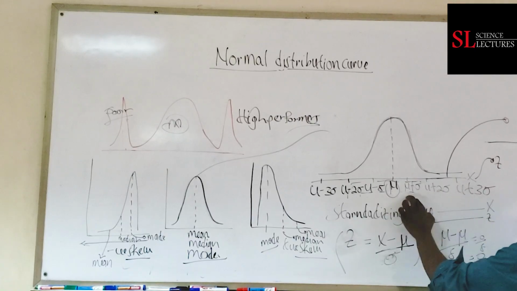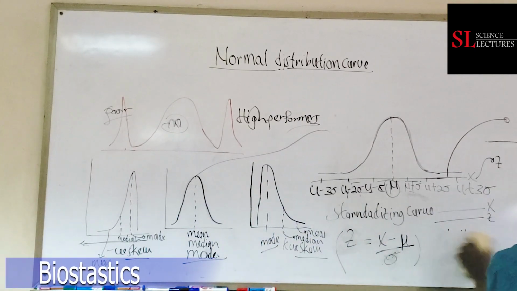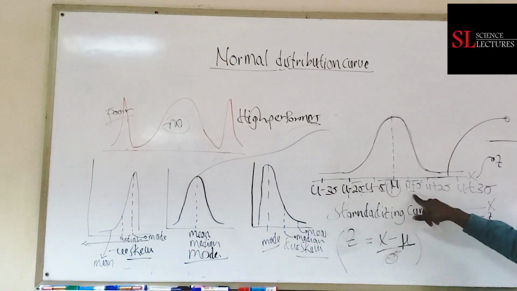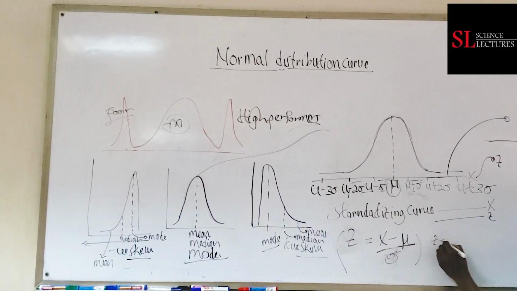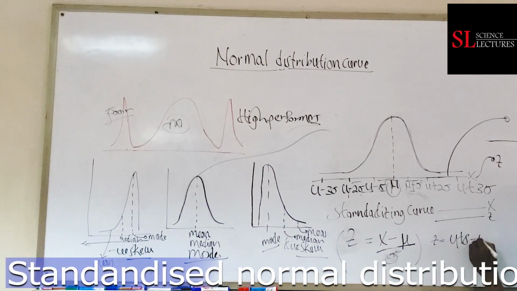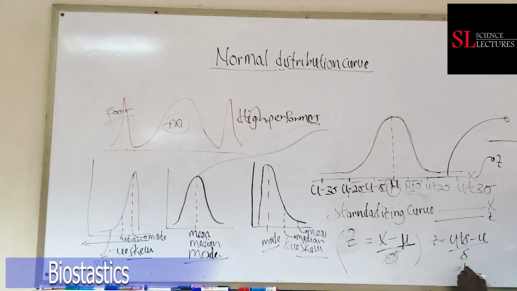Then we do the same for the other standard deviations and obtain the values on the z-scale. Where we had mu plus sigma, we substitute the x with mu plus sigma, so z is equal to mu plus sigma minus mu over sigma. This will be mu minus mu, which is 0, and we remain with sigma over sigma, which gives us a z value of 1.